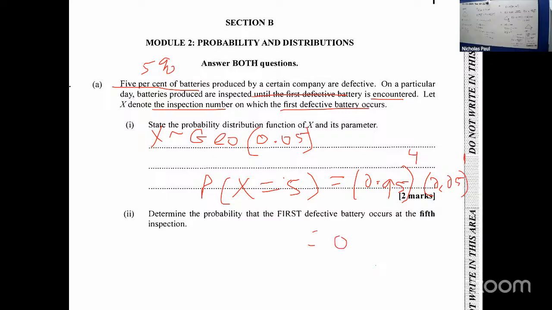And most of you all got 0.04, right? 0.04.